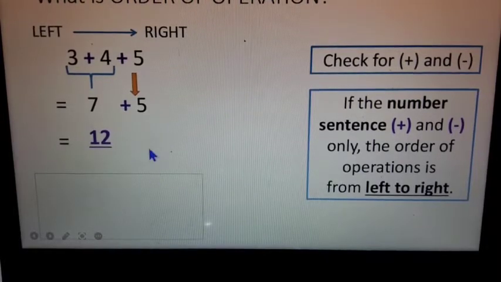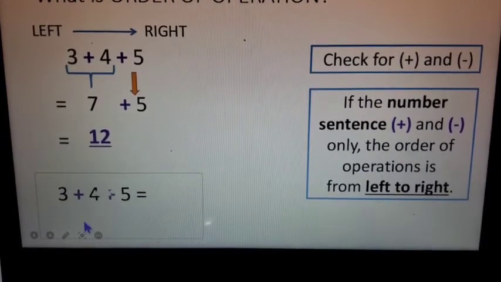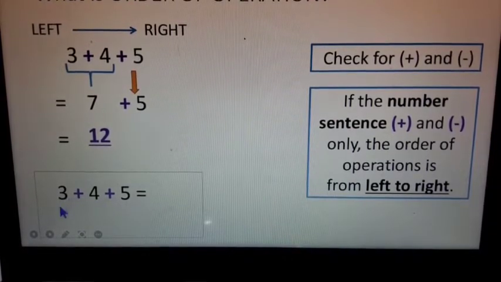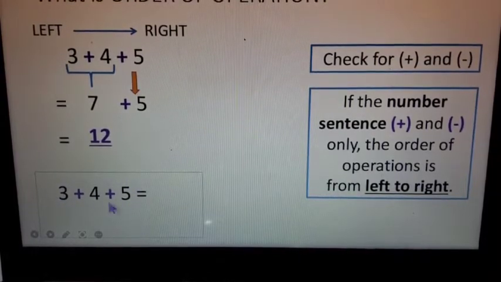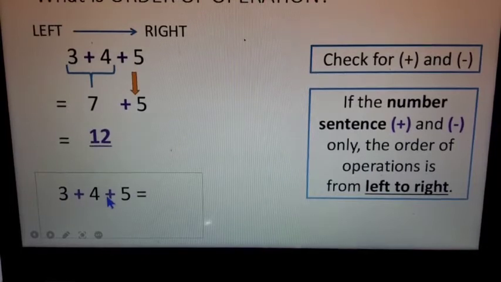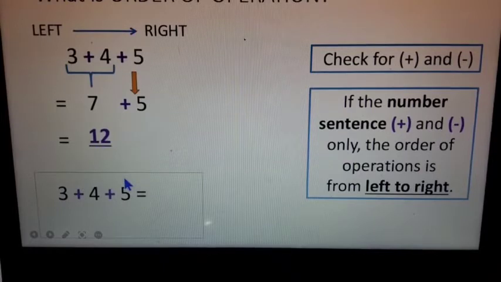So that means, or let's see the other way you can solve. 3 plus 4 plus 5. So again, kalau kita lihat dalam number sentence ini ada plus, minus atau plus plus atau minus minus, you can solve this from left to the right. Okay, dari kiri ke kanan.